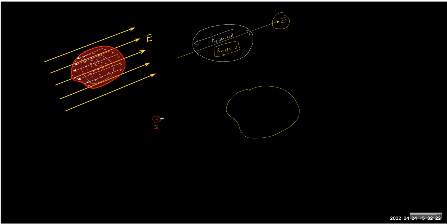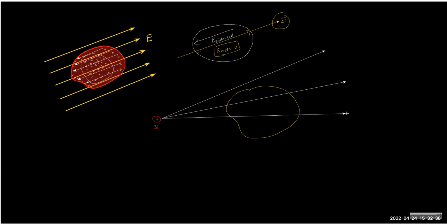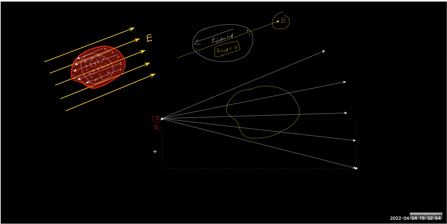So the way the charge would have created the field will be like this only, radially outward in all directions. This is the assumption: the charge is not aware of the conductor, so when I create the field lines, I don't know what is kept ahead. What I know is only that we have a charge and it can create a field like this.